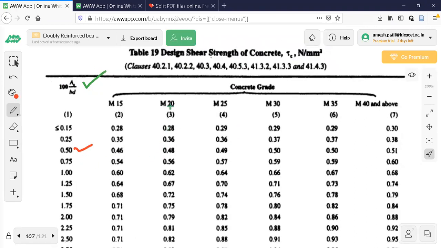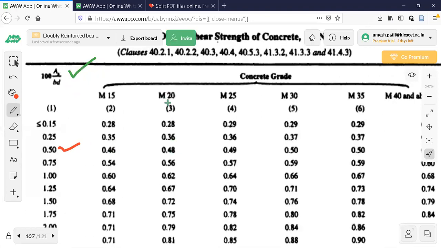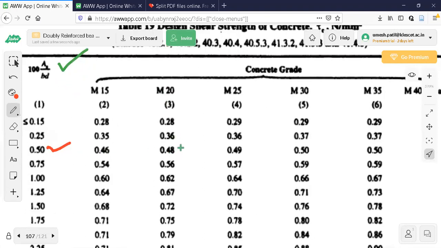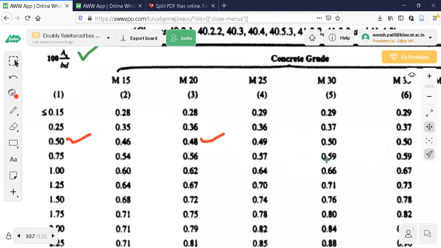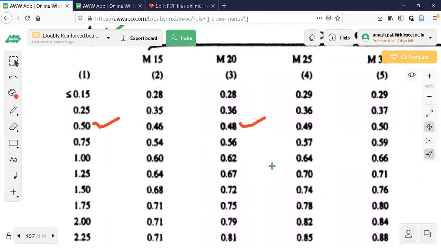Now what I will do, I'll go to M20 here. So this PT is 0.5. I'll move horizontally like this. So this is your M20. You can see this, 0.48. See this?